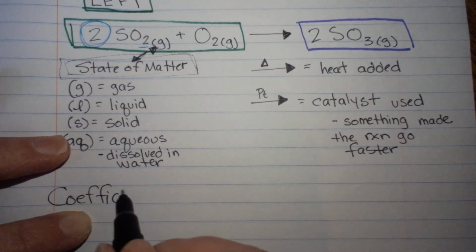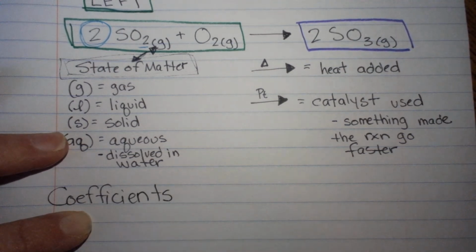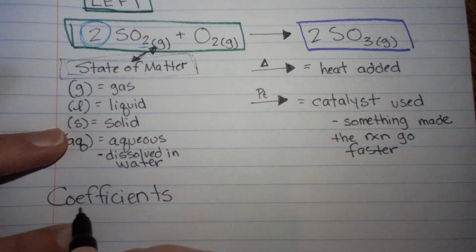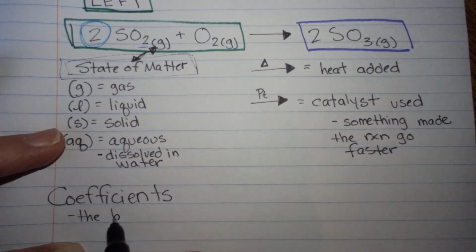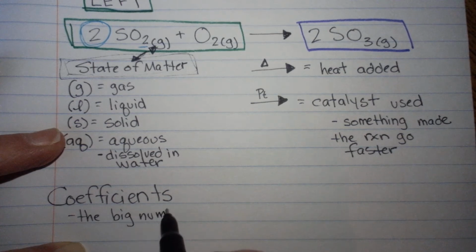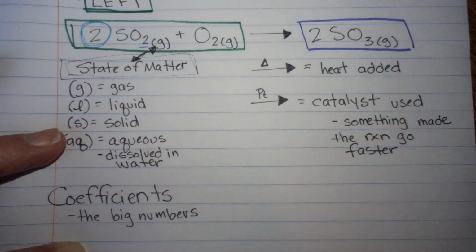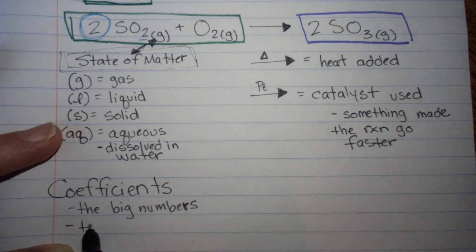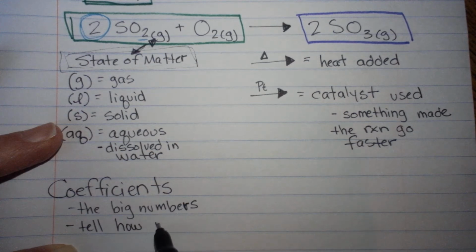Coefficients. Okay. Coefficients are the big numbers. That's a terrible R. They tell how many molecules or moles.